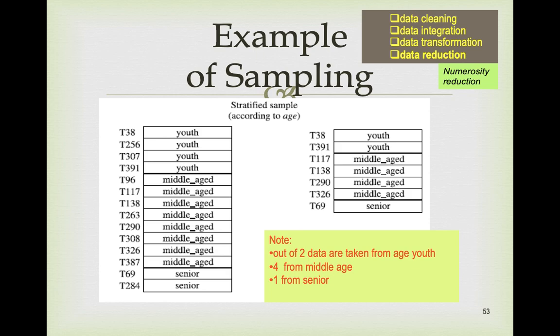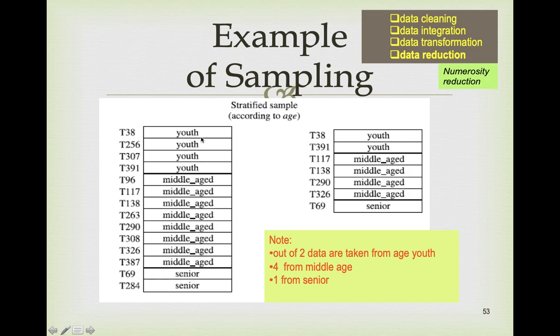Okay, the stratified samples according to age. Please note that out of the data, 2 are taken from youth, 4 from middle age, and 1 from senior. So as you can see, for the youth, here we have T38, T91.